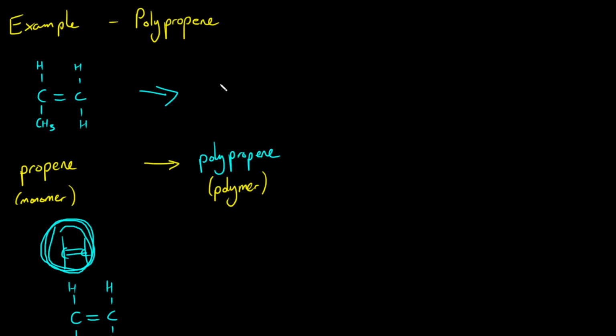And again, to write a polymer, I just need to add together 3 monomers. So there's one of my propenes. There's our second propene. Again, each one has 3 carbons, but I'm just drawing it in this arrangement to make my life a little bit easier when joining them together.